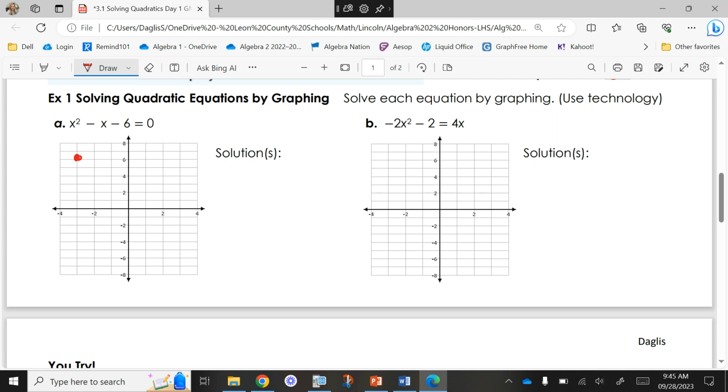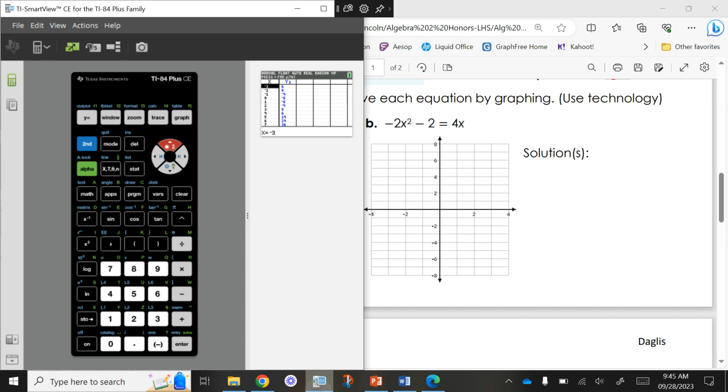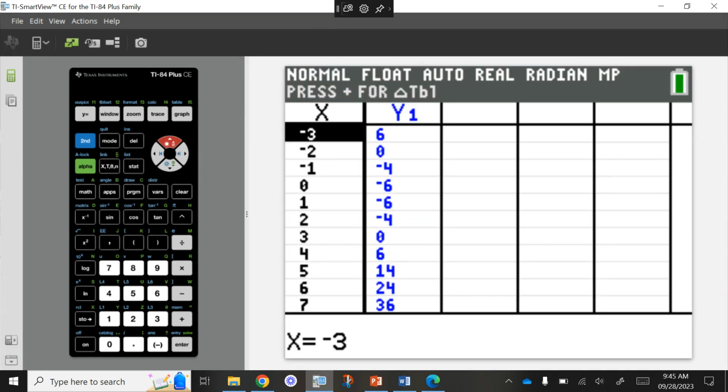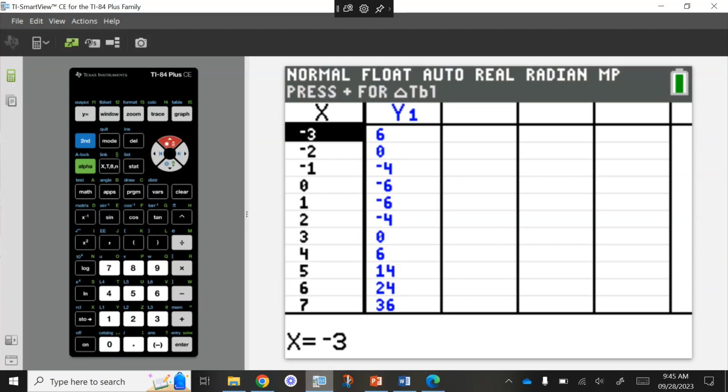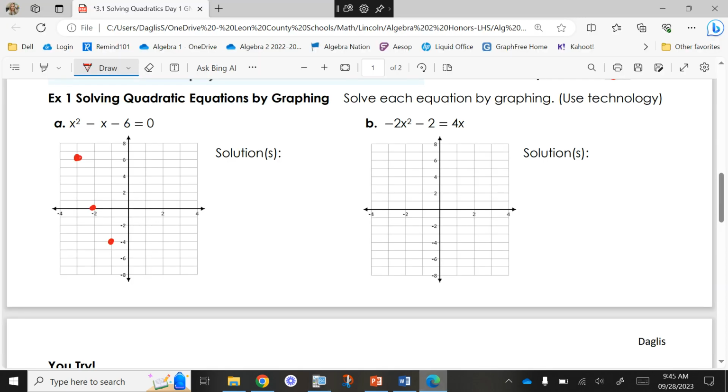The next point, I believe, was negative 2, 0. Are y'all with me? Then we have negative 1, negative 4. Now I have 0, negative 6. 1, negative 6. 2, negative 4. 3, 0. And 4, 6. So I've plotted my points.